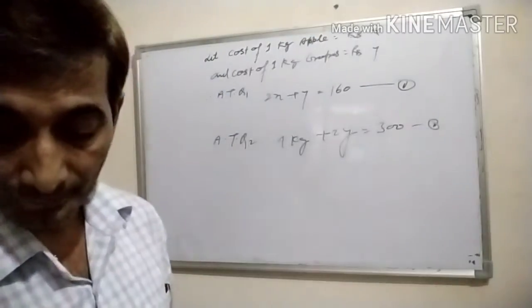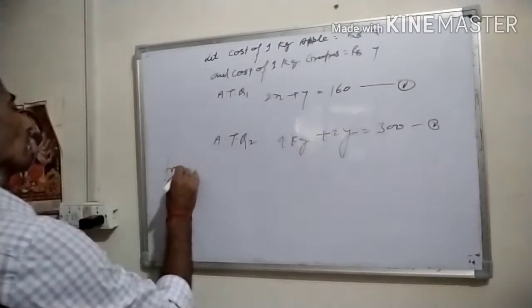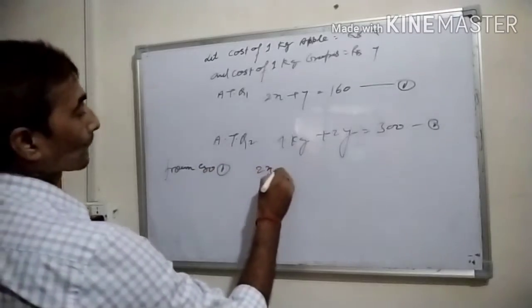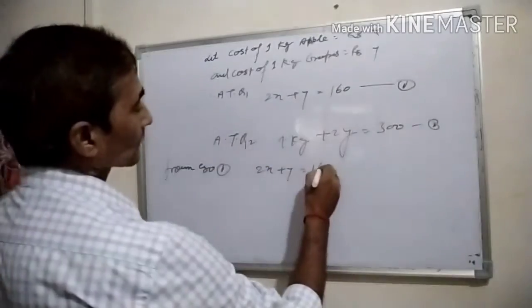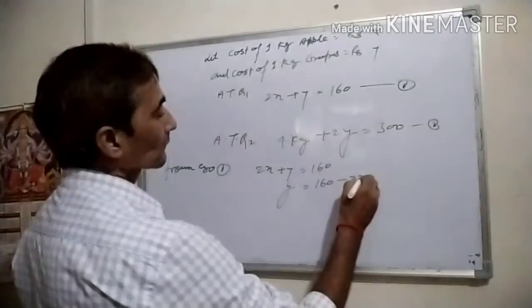So come, from equation 1, 2x plus y equal to 160, y equal to 160 minus 2x.